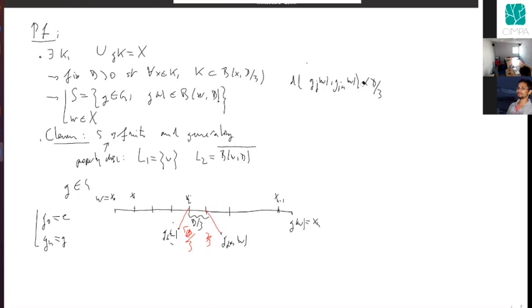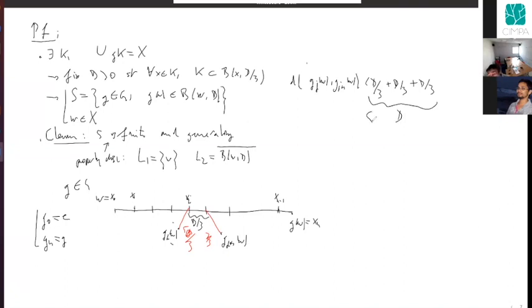Then from xj to xj plus 1, and then from xj plus 1 to gj plus 1 of w, this is again d over 3. So you see, this is exactly d.